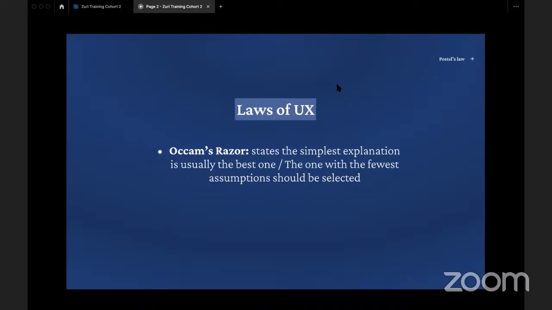They don't have that time, because users don't really stay long on platforms. Once they don't get what they are looking for, in a few minutes, they leave. I'm sure you guys have also been in that situation before. So that's what Occam's law is trying to talk about.